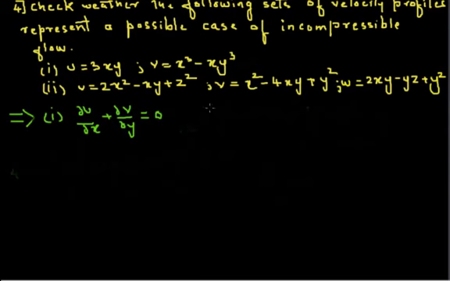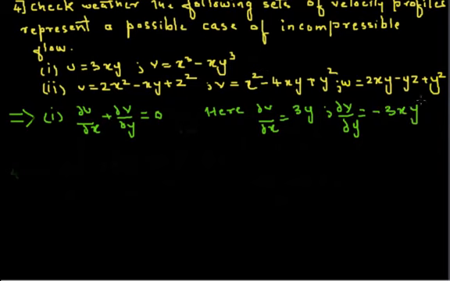So in this case, del u by del x, differentiating this u with respect to x, we would get 3y, and del v by del y, differentiating this v with respect to y, we would get minus 3xy square.